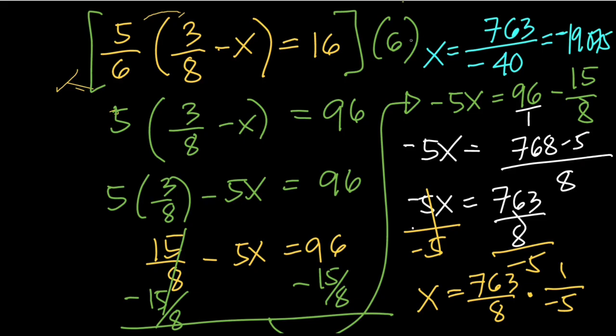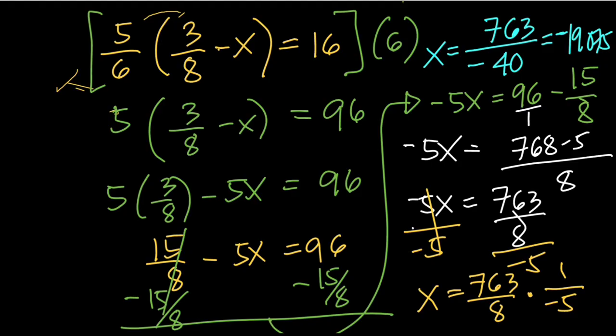So you multiply both sides by 6, so you're left with 5 times 3 over 8 minus x equals 16 times 6 is 96. Yeah, 15 over 8 minus 5x equals 96. Then 96 minus 15 over 8. Oh, we made a mistake.